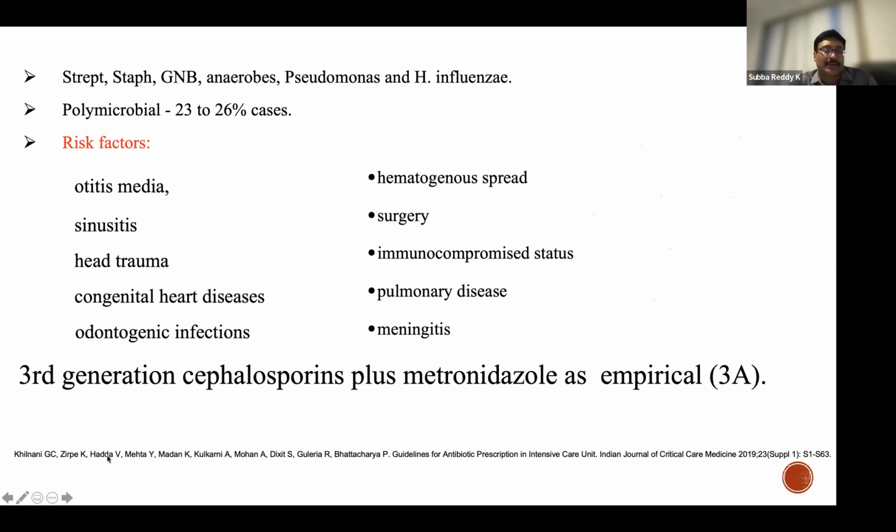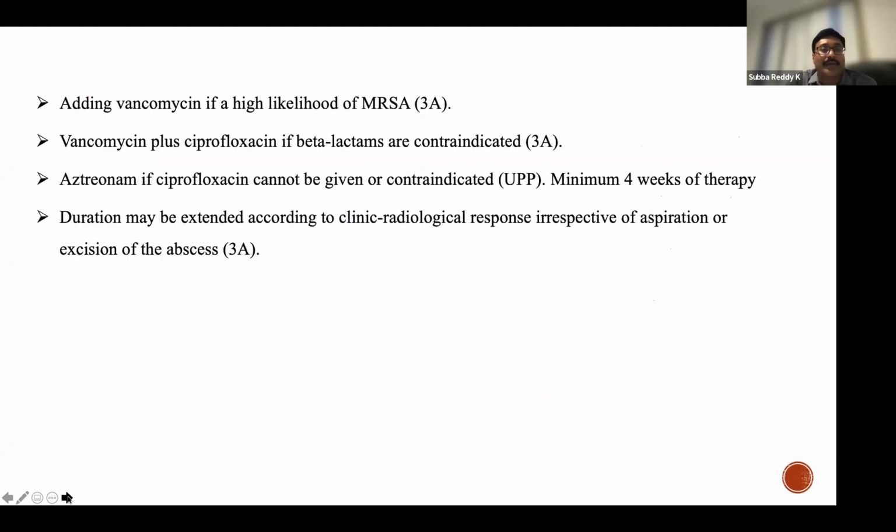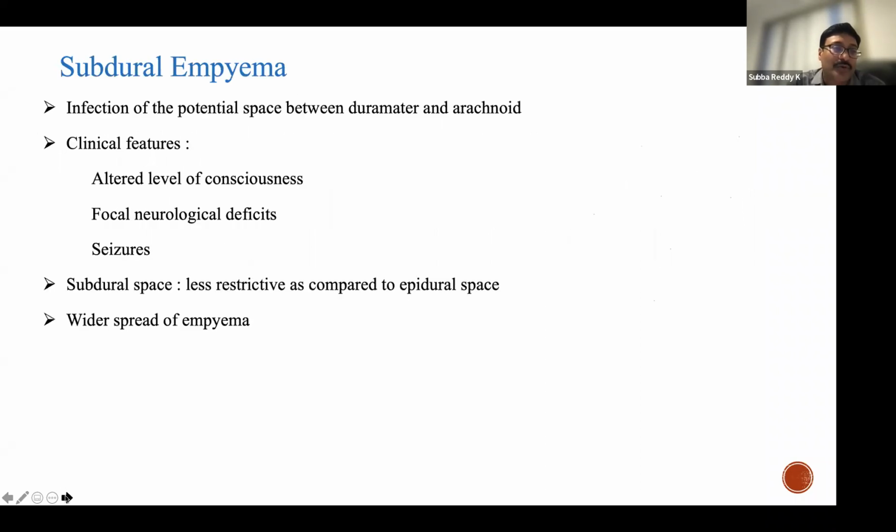Again, we have to use third generation cephalosporins with metronidazole as empirical treatment, and we have to add vancomycin if MRSA incidence is very high in our unit, and aztreonam if somebody is not tolerating beta-lactams, but the duration should be long, and you should depend on the clinical and radiological response irrespective of your excision of the abscess. So we have to do source control, and then you have to use antibiotic therapy for longer durations.